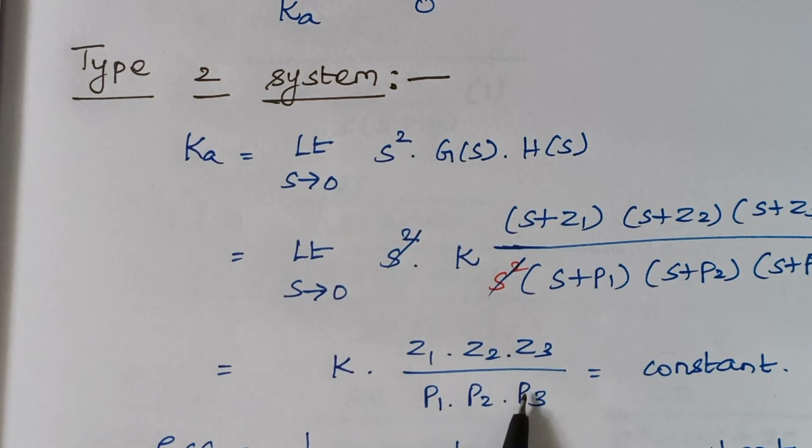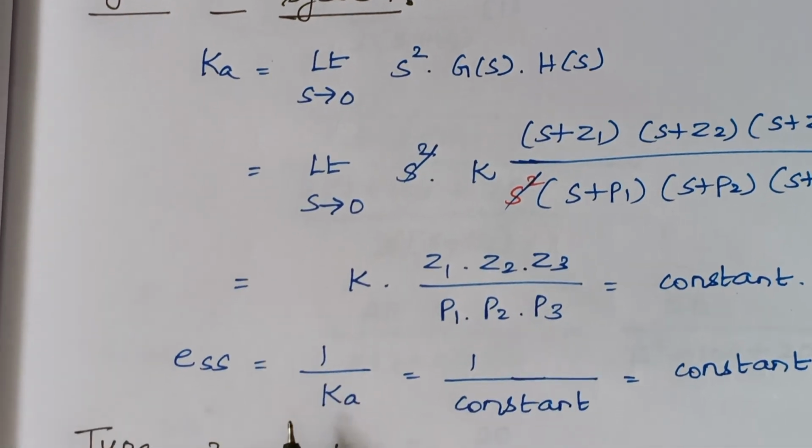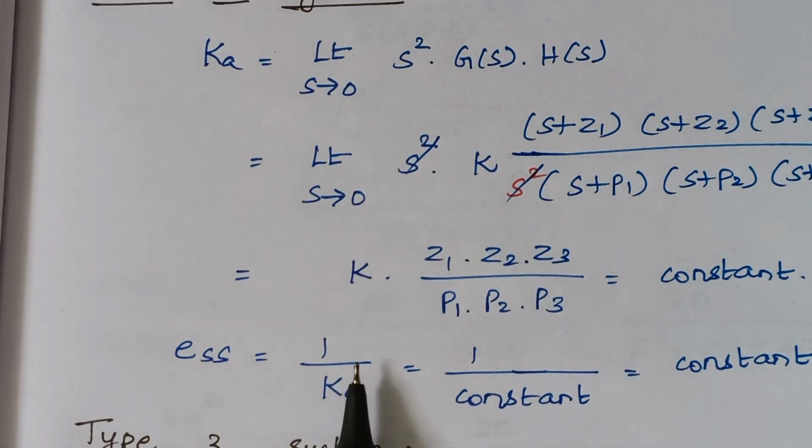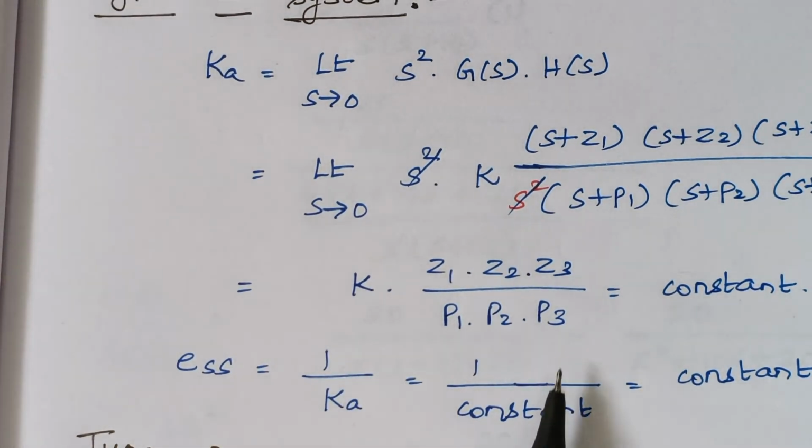Here we have K into z1, z2, z3 divided by p1, p2, p3, which is equal to a constant. You will have a number here. When you apply this for the steady state error formula, ESS is equal to 1 by Ka. So 1 by a constant will again give you a constant. For example, 1 by 5 will give 0.2, like that.